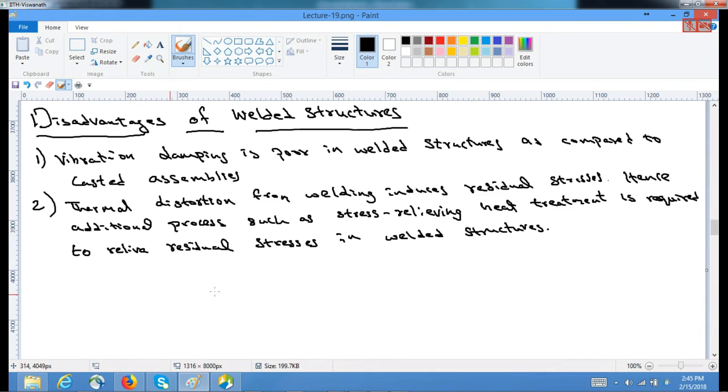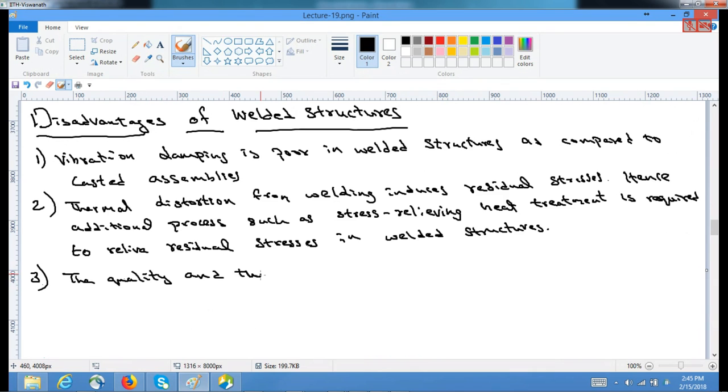This is the most important problem because of the thermal distortion. The residual stresses will also affect the longevity of the structure.